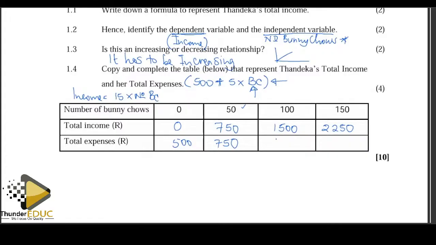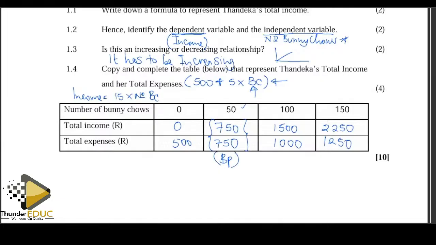So here we have 1,000, and we have 1,250. Actually, if we were asked for the break-even point, the break-even point would have been here.